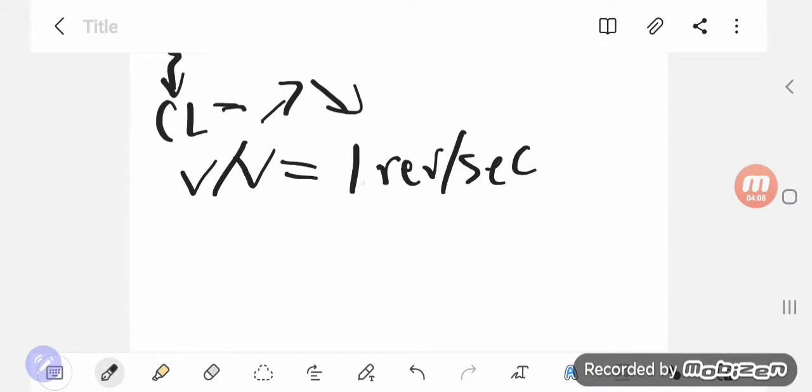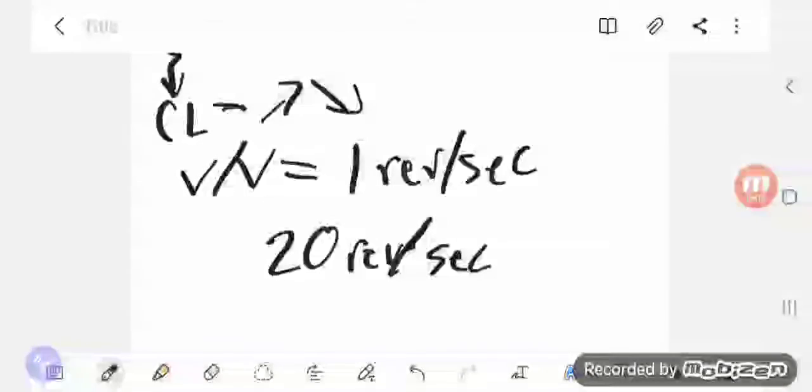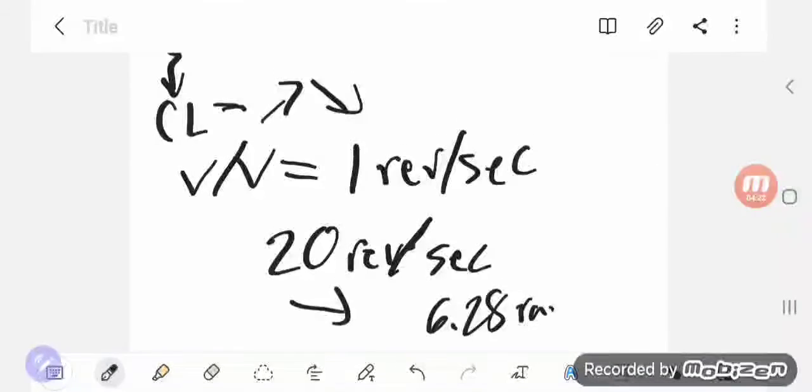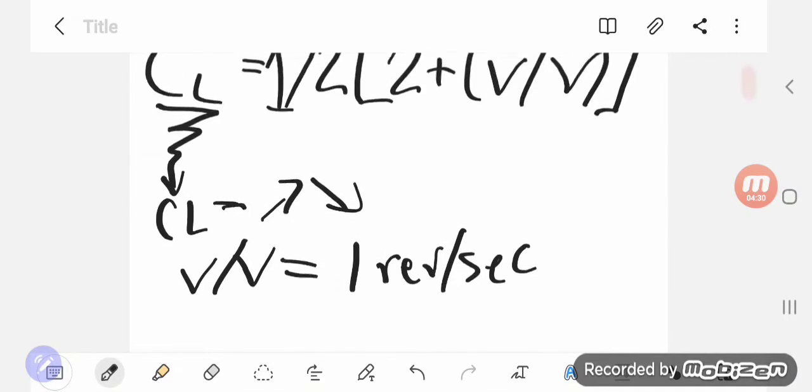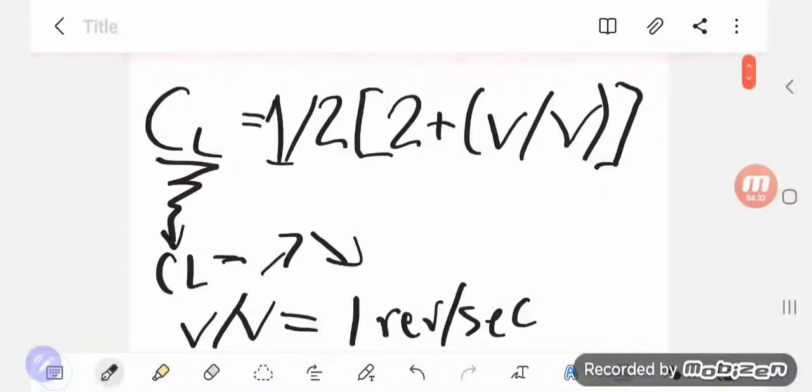So, say for example, if your ball were to go 20 revs per second, then you would convert that into the 6.28. Oh, radians. It's called radians. 6.28 radians. And then you find out how many radians 20 revs per second is. That's for the V/V part of this formula right here.